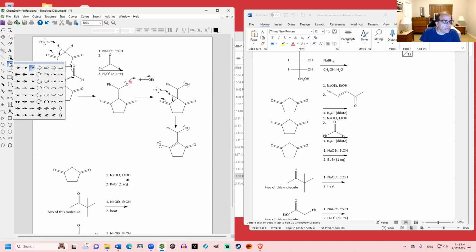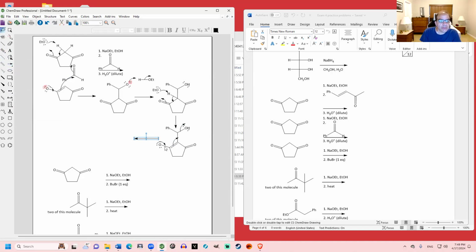So you get the enolate, and the enolate then completes the E1CB elimination by losing hydroxide as the leaving group. Hydroxide is normally a pretty lackluster leaving group.